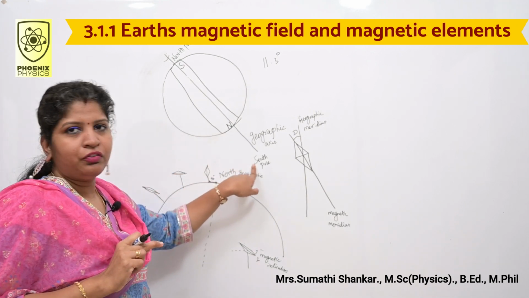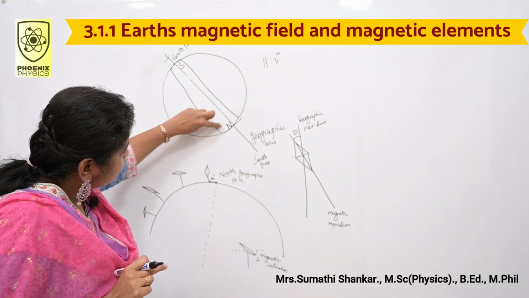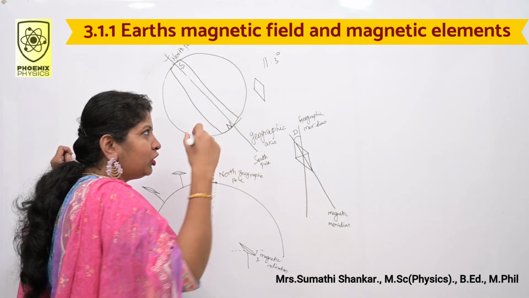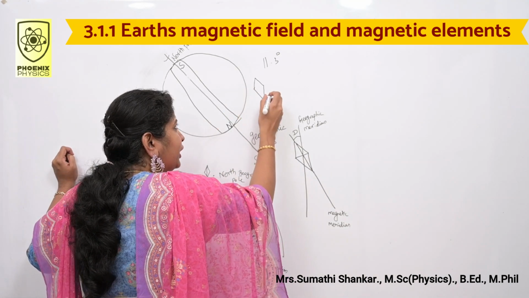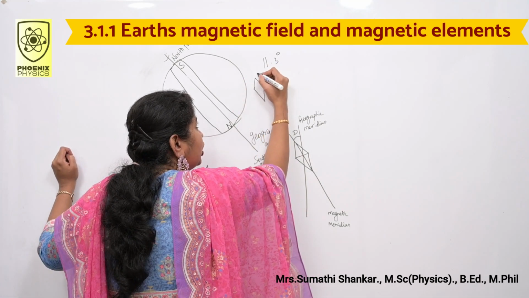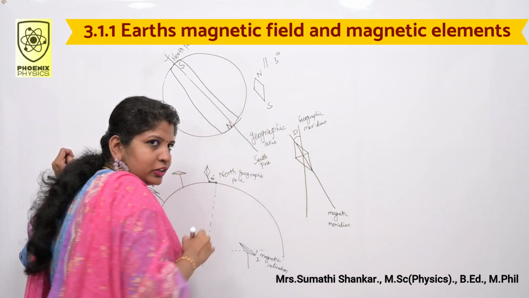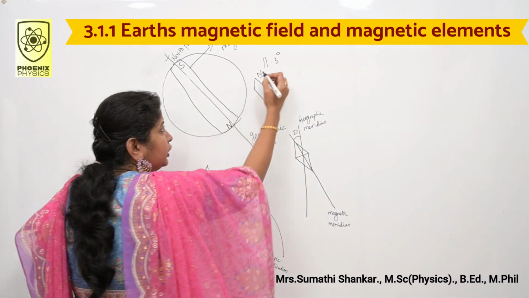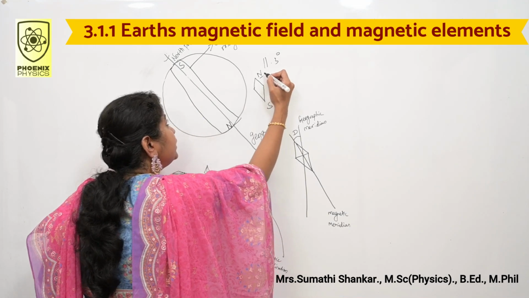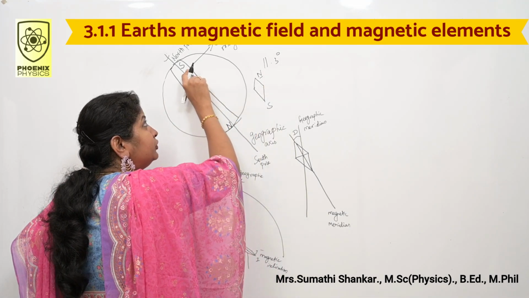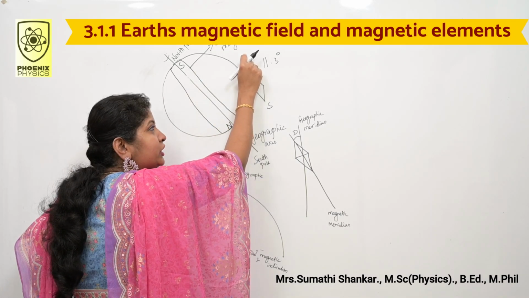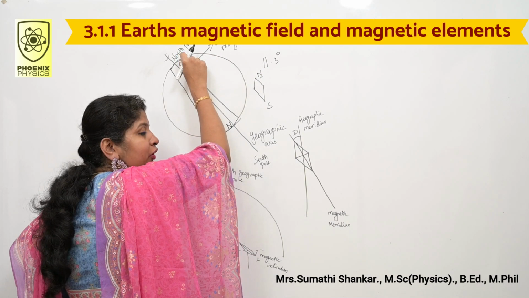This is geographic south pole. This north pole is for earth magnet. When you suspend a bar magnet or magnetic compass needle, it always comes to rest along the north-south direction. The north pole of the needle is attracted towards the south pole of the earth magnet, which is near to the geographic north pole.